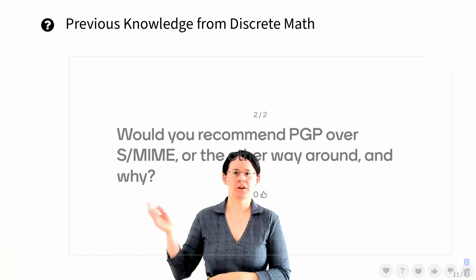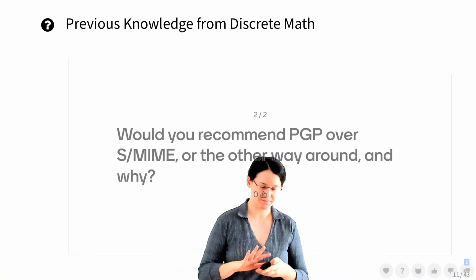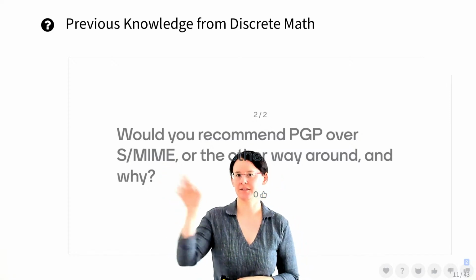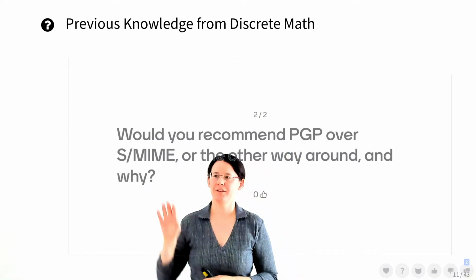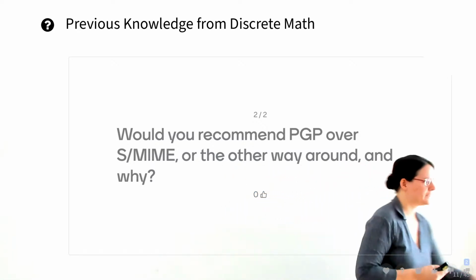It's more difficult to get access to in some other contexts. And some people also just generally dislike the idea of centralized trust. This is decentralized trust, this is centralized trust. But I do believe that in practice it really has a lot of advantages. So that's my comment on that.